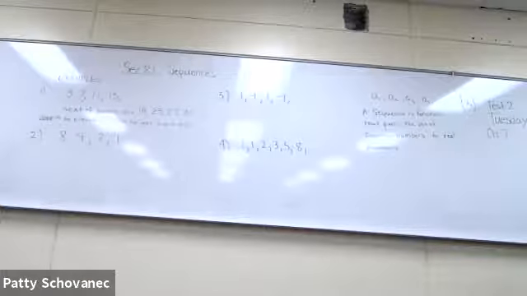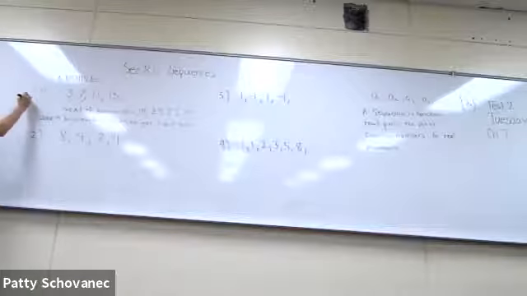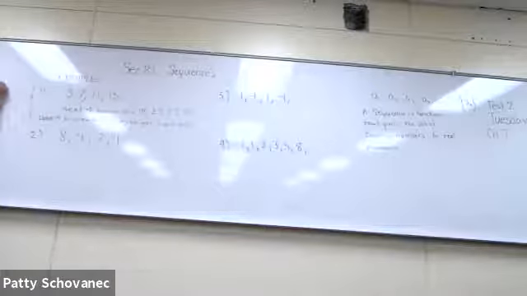That type of sequence where you just always add the same number all the way down the line to get the next term is called an arithmetic sequence. Arithmetic sequence, you always add the same number to get to the next one.